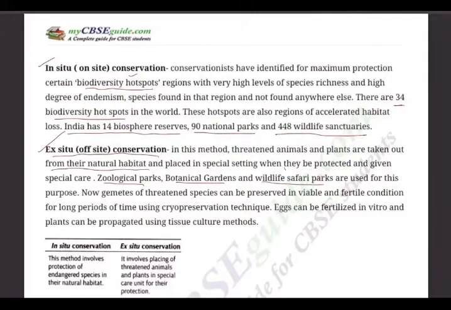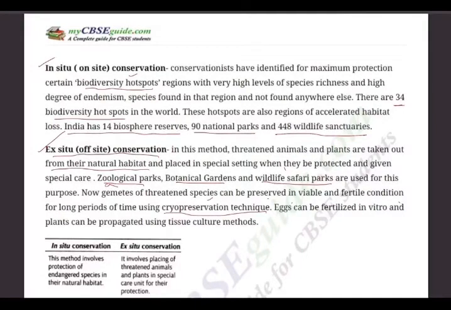Zoological parks, botanical gardens, and wildlife safari parks are used for this purpose. Now, the gametes of threatened species can be preserved in viable and fertile condition for long periods of time using, of course, the cryopreservation technique. This is one of the techniques which is becoming very, very valuable nowadays.